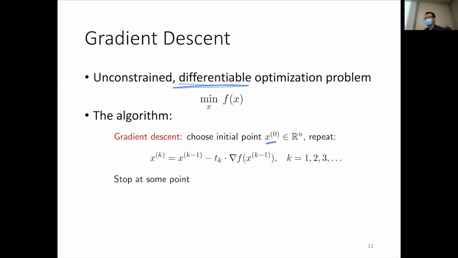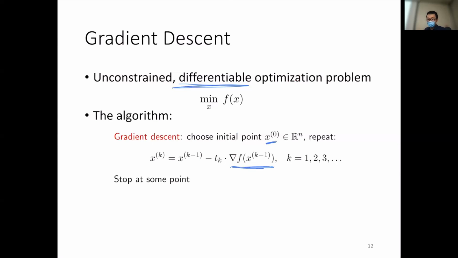What you're going to do is find the direction that gives you the fastest descent, right? This is the direction of the gradient, and you just move a little bit towards that direction and then reevaluate your situation and do this again.